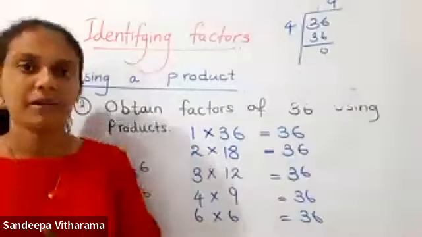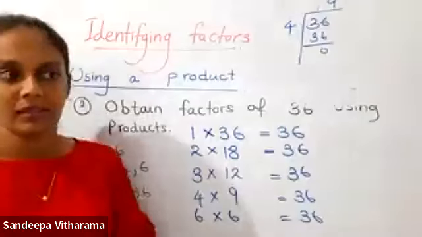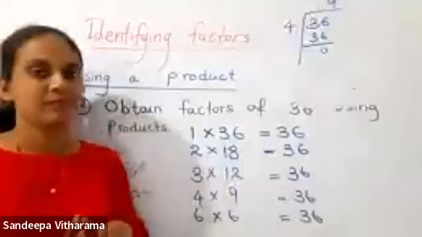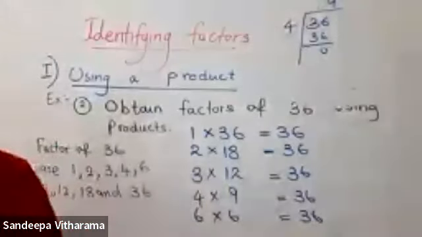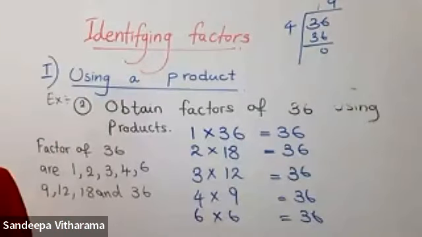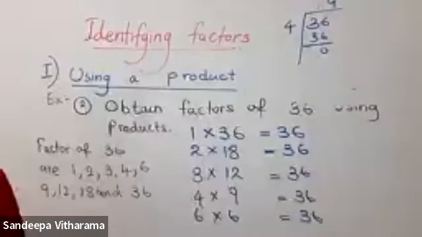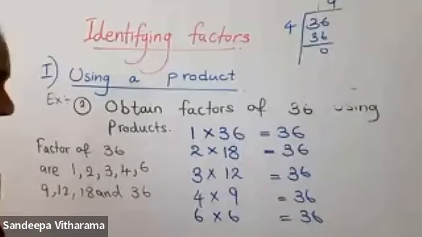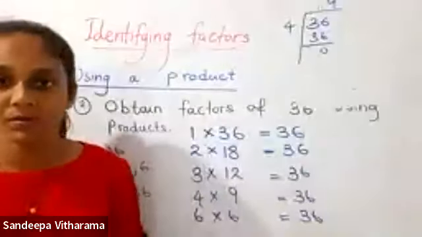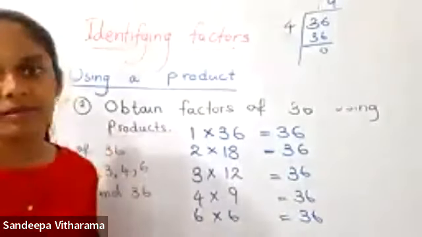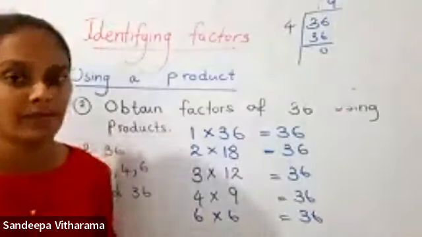Let me check whether 1 is a prime number or not. 1 is not a prime number. Okay. It is neither a prime number nor a composite number.